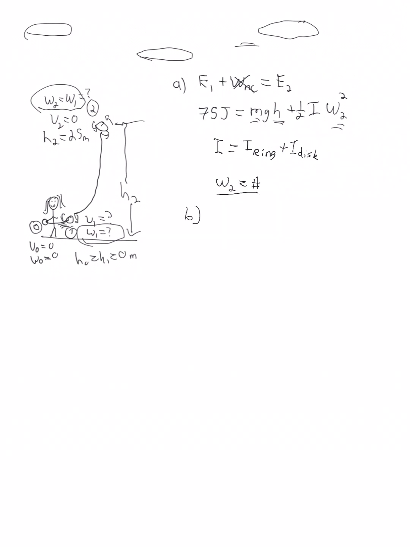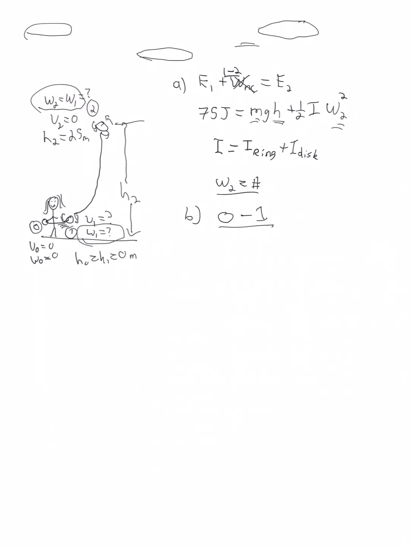Then for part B, when you're asked to figure out what its angular acceleration is while being thrown, now you're analyzing from point 0 to point 1 in time, no longer looking from 1 to 2 as we did in part A. So if we're looking from 0 to 1 here, what you're going to be doing is thinking about kinematics.